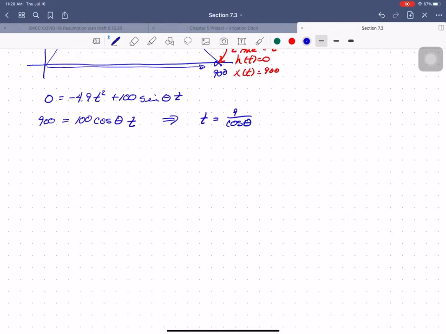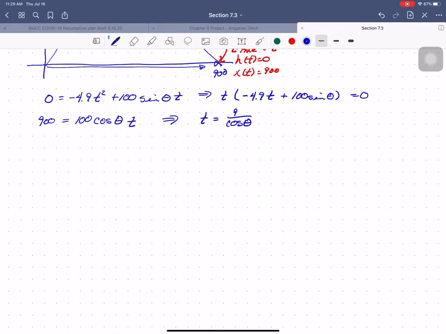Is that what I want to do? What's that going to give me in that other equation? Ooh, that's going to give me ugliness. So let's try this differently. Let's take this guy and solve it for time. If I do that, factor out the t, we get this, and that equals 0.